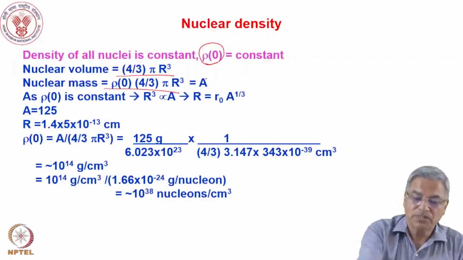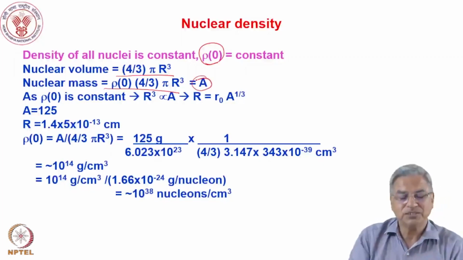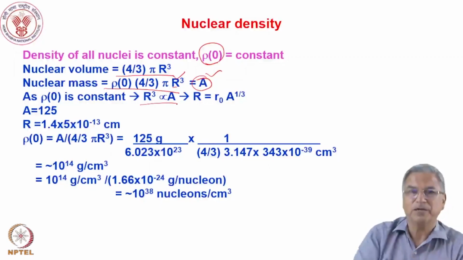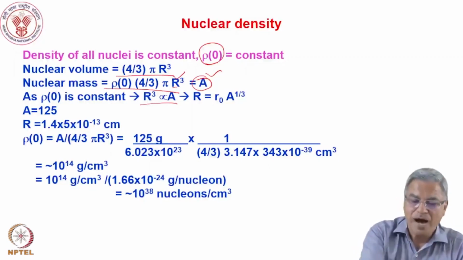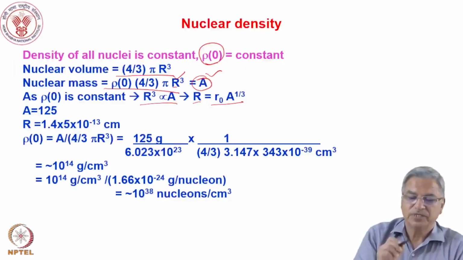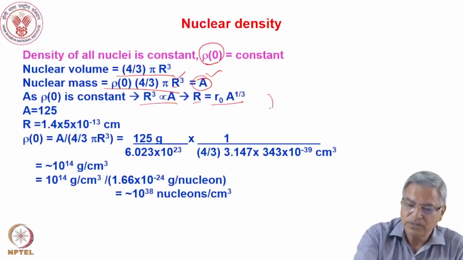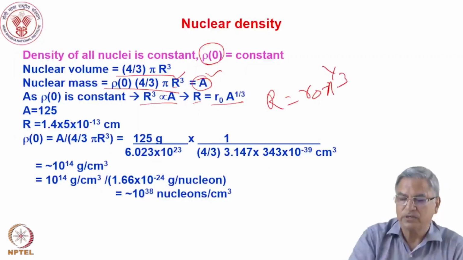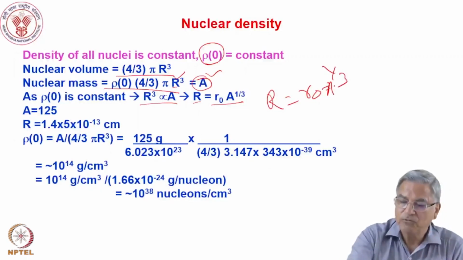So this gives you a relationship between radius and mass number. As rho 0 is constant, r cube is proportional to mass number, and so R equals some constant into A to the power 1/3. So the radius of a nucleus you can write as R0 A to the power 1/3. So you can calculate the radius of any nucleus.